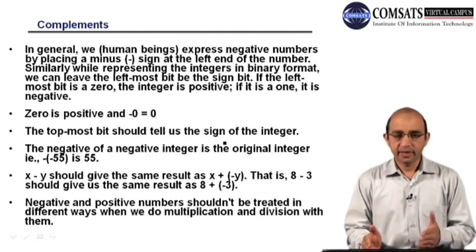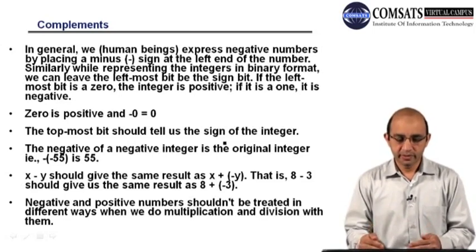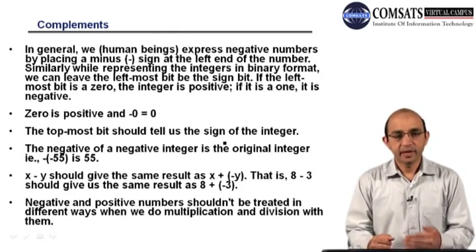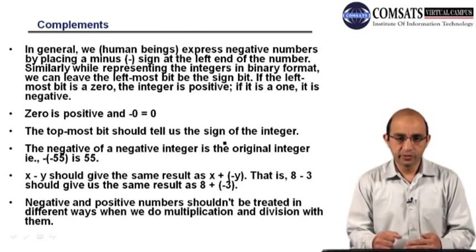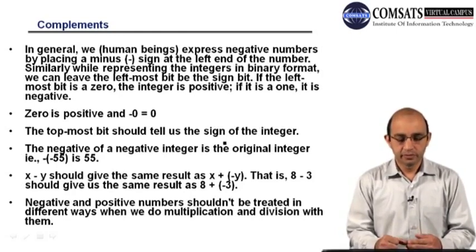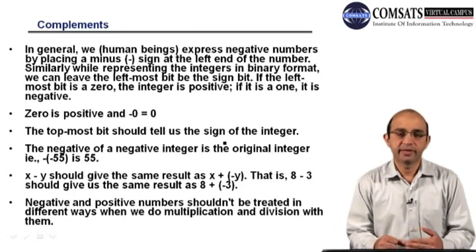So there are certain requirements for a computer system, so that we can represent the numbers, either positive or negative, in a proper way. Let's go through those rules, the requirements. Zero is always zero, irrespective of whether it's positive or negative.